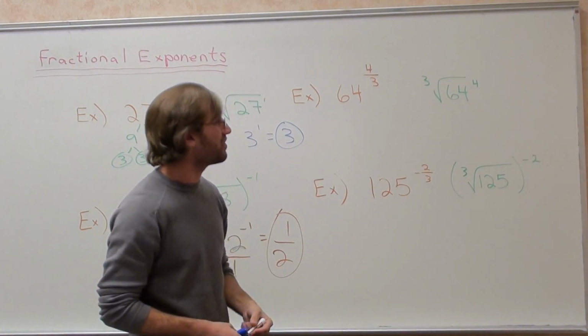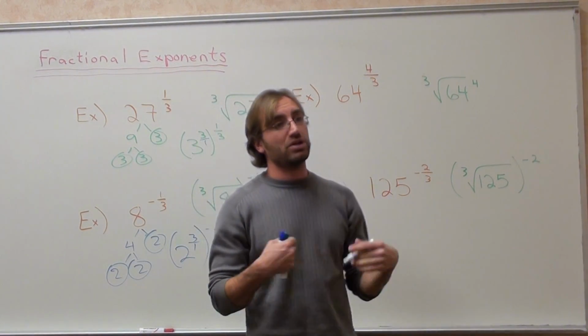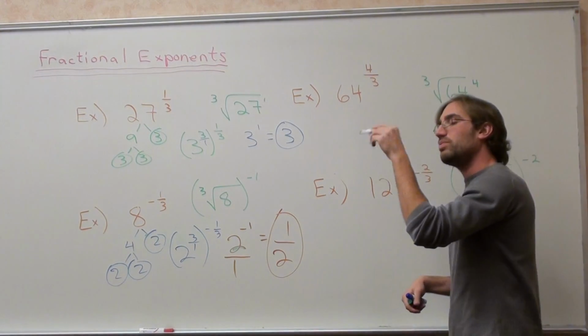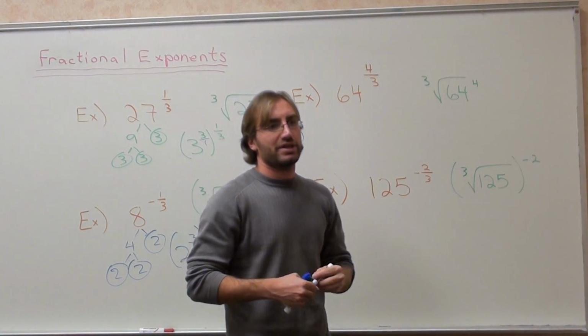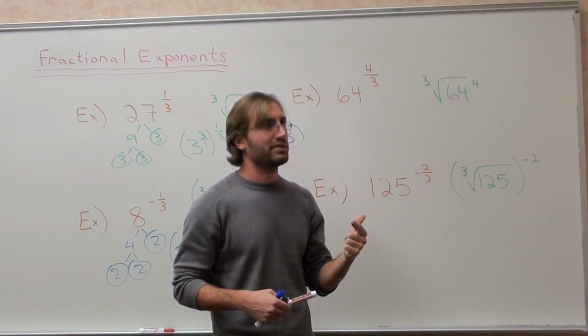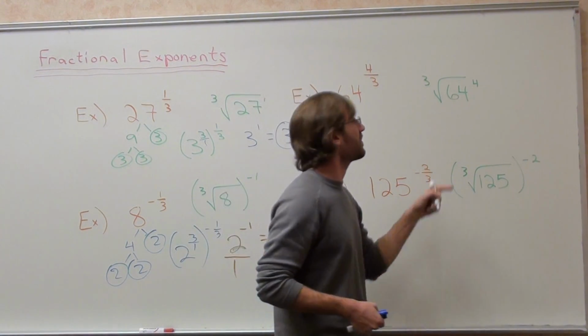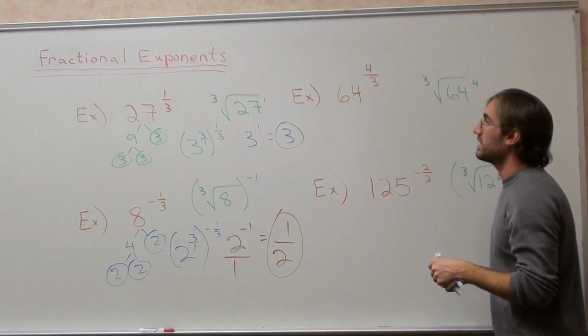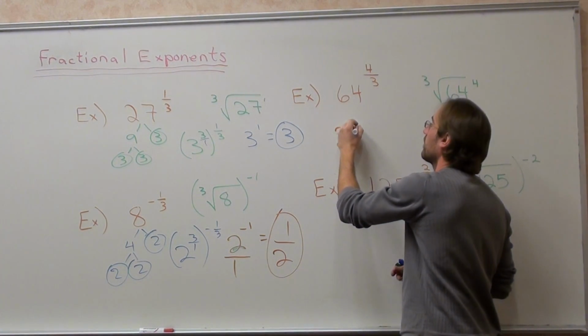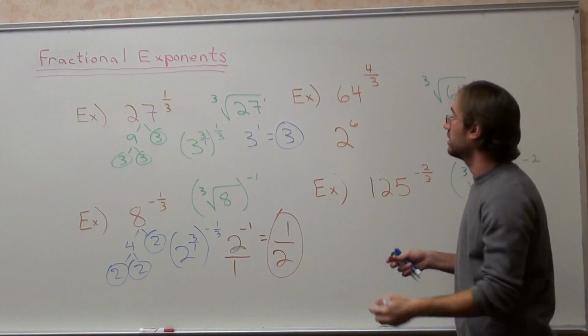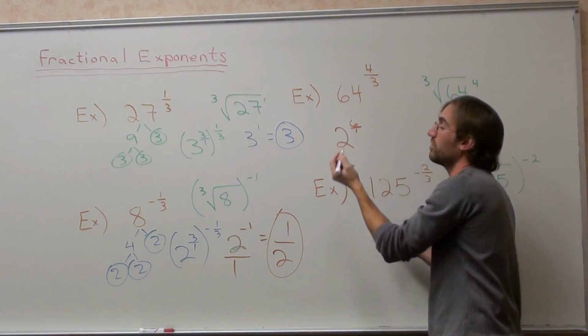So I've got the cube root of 64 to the 4th power. What I'm going to do is split 64. When you make a factor tree of 64, and I'm running out of room here, so I'm just going to tell you what it is. It's 2 to the 6th power. So 64 is actually 2 to the 6th power, and you can check it with a factor tree, which is the same thing as 6 over 1.